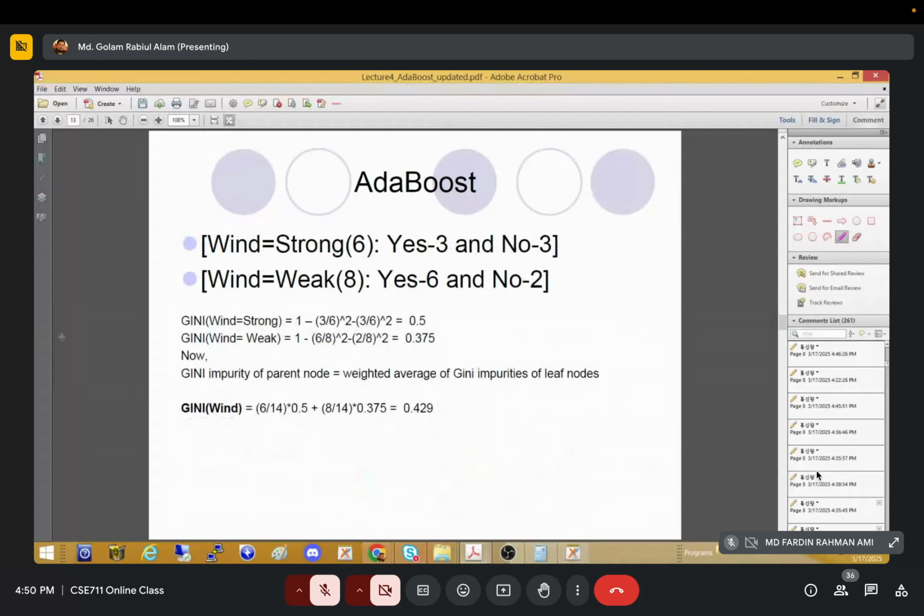Now we have the last one, as we have 4 features. The last feature is wind.